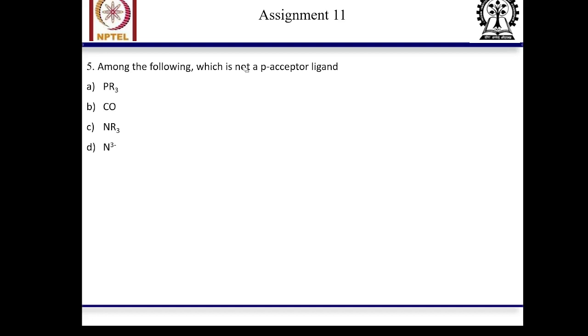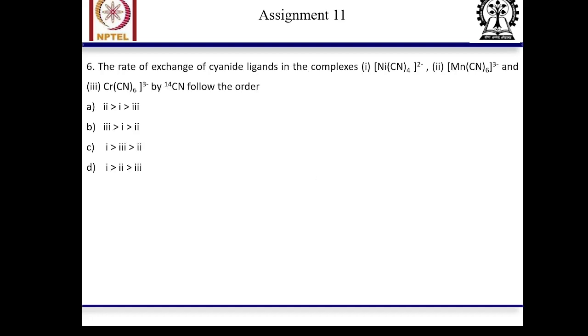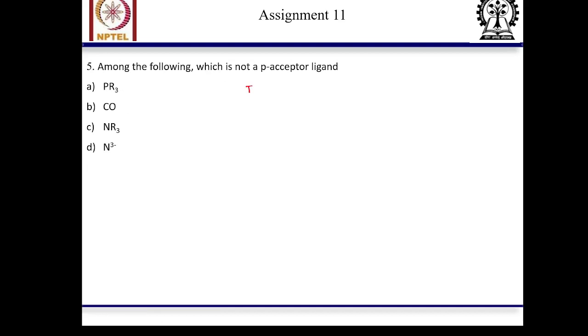Okay, now let's take the first example. We saw that pi acceptor will increase the CFSE value, right? Now the question: what are the different types of pi bonding available?